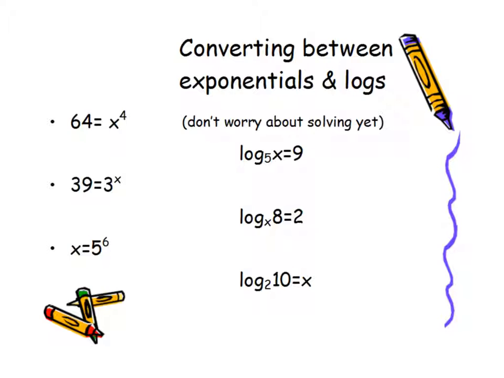So on this page, now again, remember that solving is tomorrow. We're not really going to solve. All I want to do is practice converting and understanding where the numbers go when you switch from a log to an exponential and vice versa. And I'm actually going to start with these logarithms because they're similar to the ones we were doing earlier where you do this loop thing.